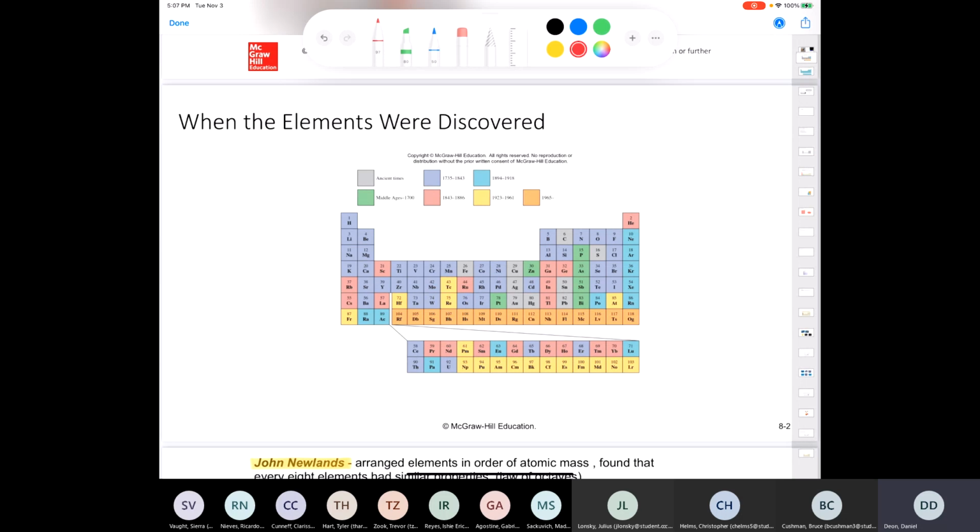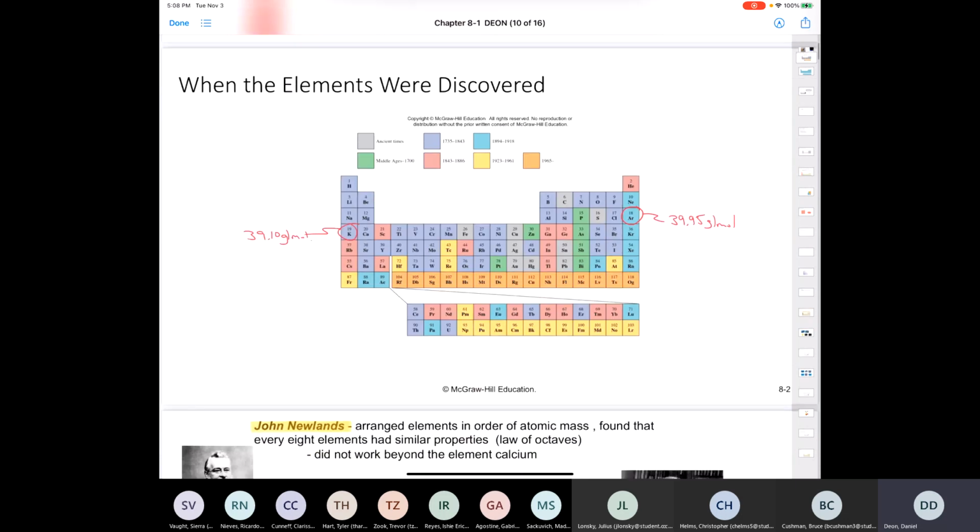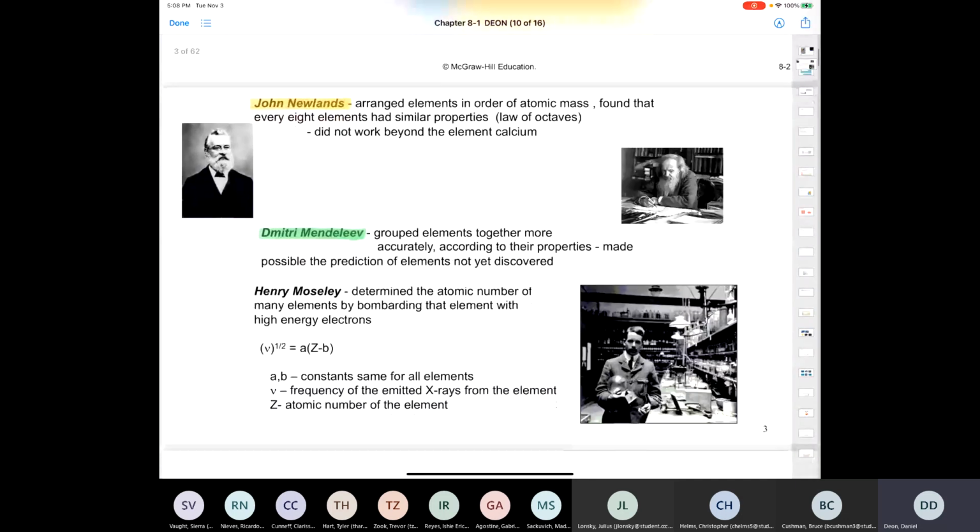If you compare the atomic mass of argon, which is around 39.95 grams per mole, with the molar mass of potassium, which is 39.10 grams per mole, potassium has a lower molar mass than argon. And so the elements are, in fact, not organized in terms of their molar masses or atomic masses.